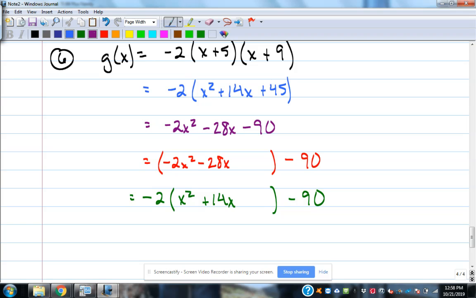Plus 7 squared. What am I subtracting? -2 times the 7 squared, which we know is 49. So that's -2 parentheses x plus 7 squared. We've got -90 minus -98, which is -90 plus 98, which is +8.